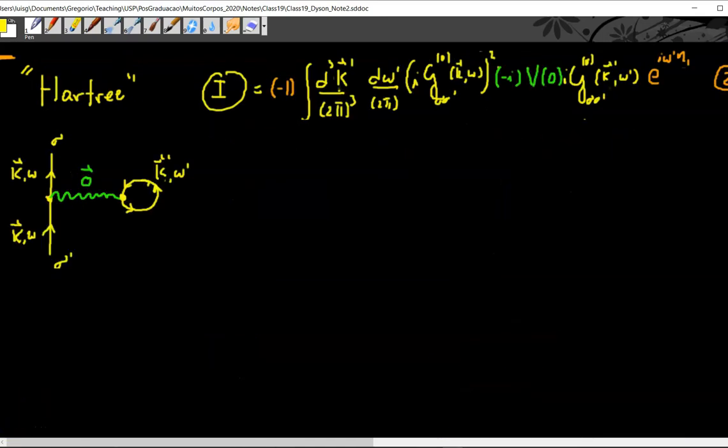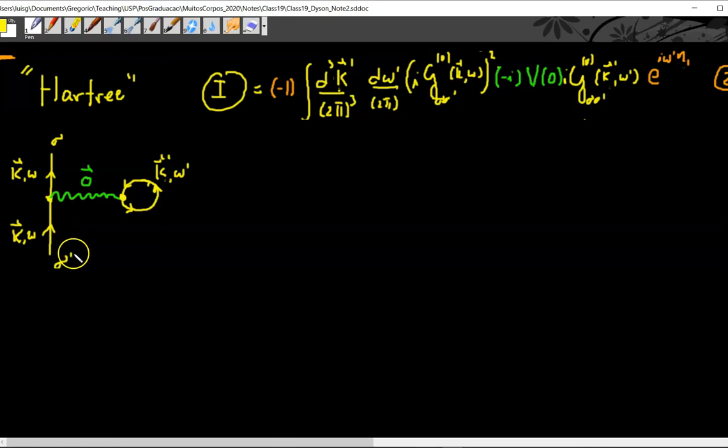So here we go. Let's now write all the propagators. So I have here a propagator with K omega, another one with K omega. So I have i G naught, the free propagator at K omega, squared. And I've already included the spin indices here, just to provide the starting and end point, sigma and sigma prime.